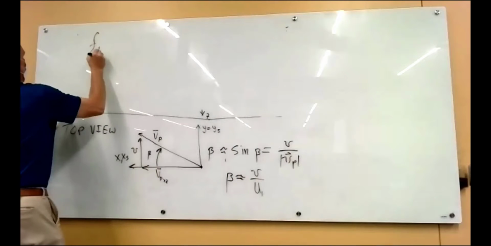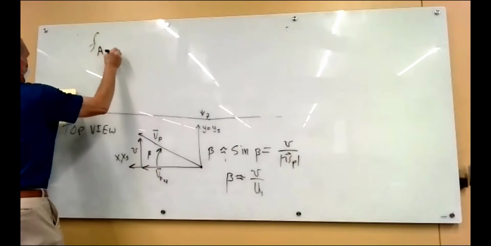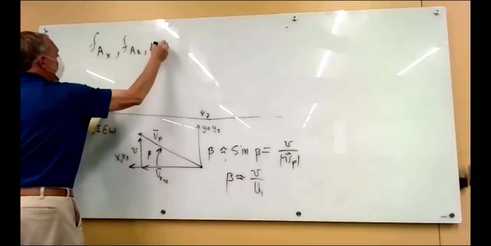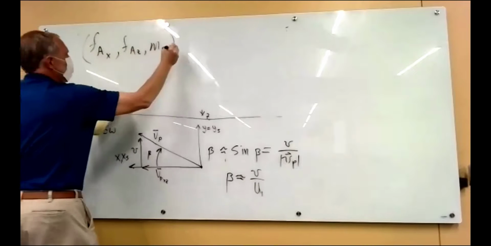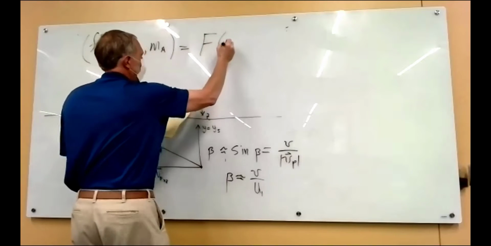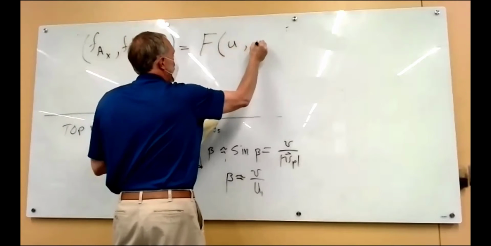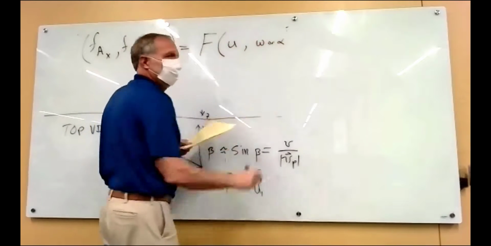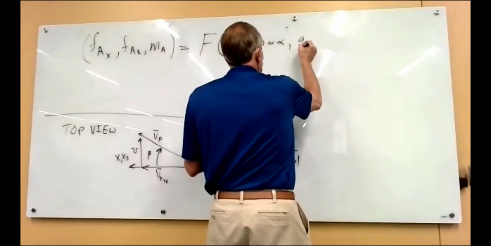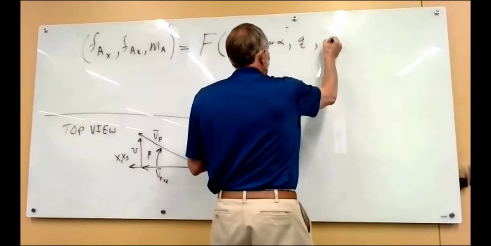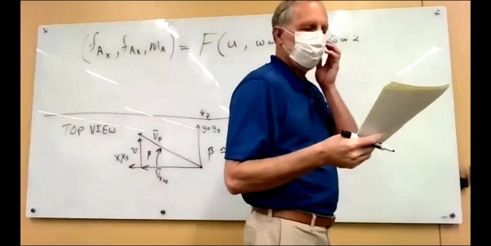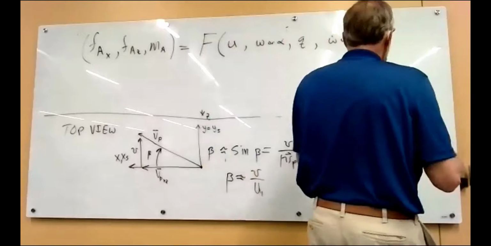So we're going to make the assumption that the longitudinal aerodynamic forces and moments are some function of u, w, or alpha, because they're connected, now we know that. Pitch rate, q, w dot or alpha dot, and I'm going to have to explain that here in a minute.